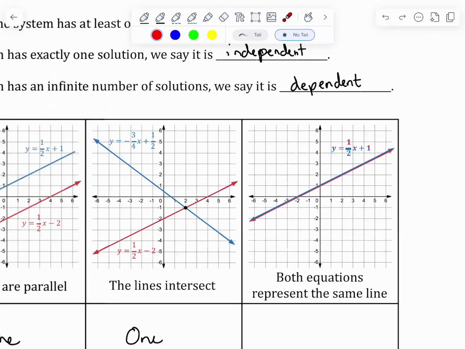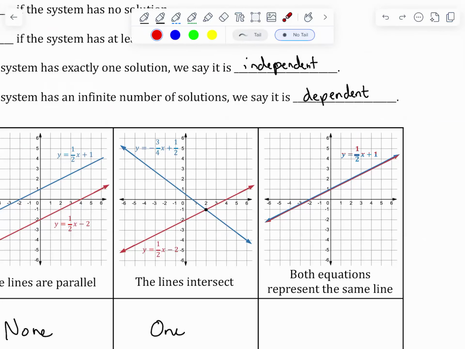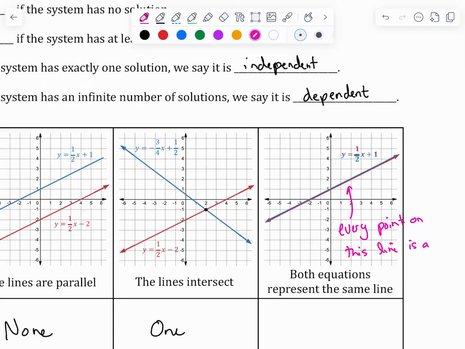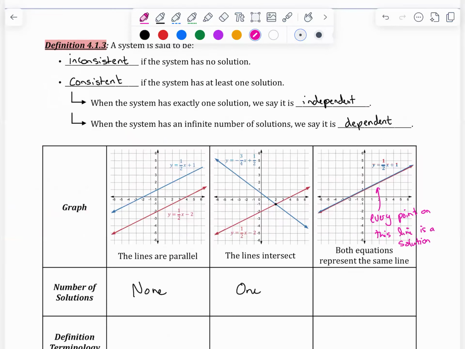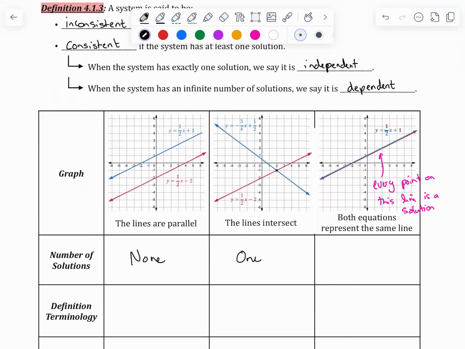But in this case, when you have a system where both equations represent the exact same line, then what that would mean is that every point on this line is a solution, because it will solve each equation, because each equation is the same line. So in this case, we have infinitely many. Let me zoom back out. In this case, we have infinitely many solutions.